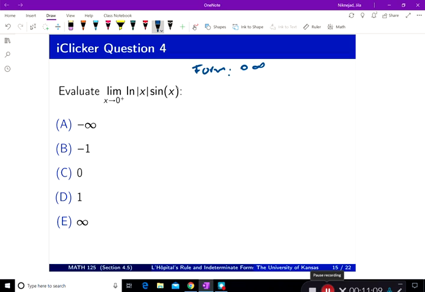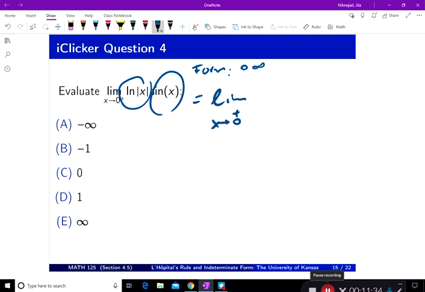Now let's try to convert that. This is a function that goes to 0, and a function that goes to infinity. Which one of these is going to be easier to reciprocate? Sine of x is a natural one because then it becomes cosecant x.